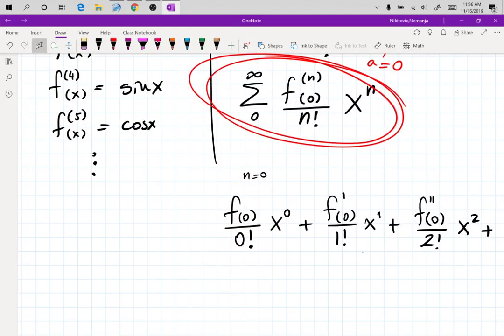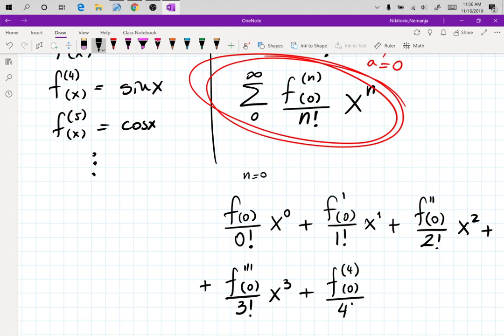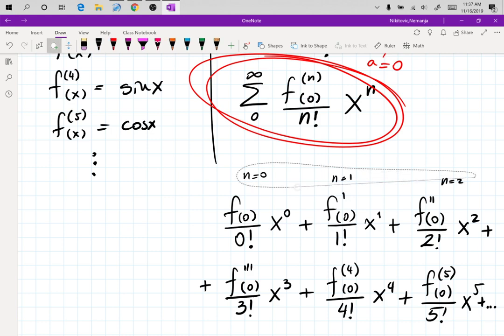Guys, this is a pattern. Everything is 0. Everything is 1. Everything is 2. Third derivative computed at 0 divided by 3 factorial times x cubed, plus the fourth derivative computed at 0 divided by 4 factorial times x to the fourth, plus the last term that we took the derivative for. There are infinitely many terms. 5 factorial x to the 5, plus dot dot dot. You must have dot dot dot. So this is n equals 1, n equals 2.